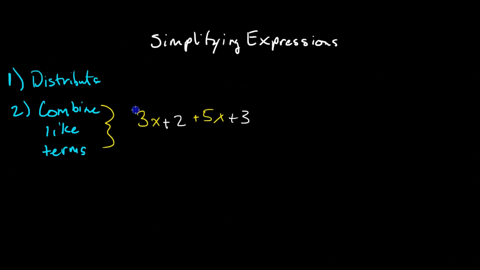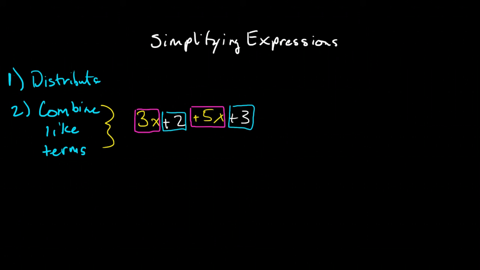In this case, we have 3x is a term that has a variable with it, and then we also have a positive 5x as a term that has a variable with it. Aside from that, in this particular expression, we have a positive 2 and a positive 3.